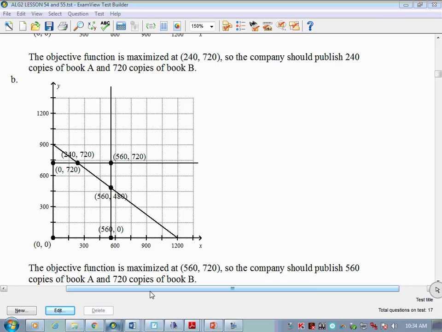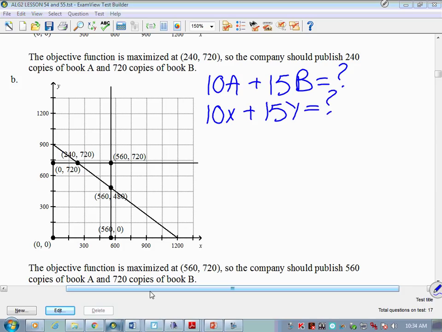Our equation for profit was 10a plus 15b equals what? Well, remember, a is x and b is y. So we want the highest profit based upon those coordinates. We have 4 coordinates. So I'm going to go 10 times 0 plus 15 times 720.